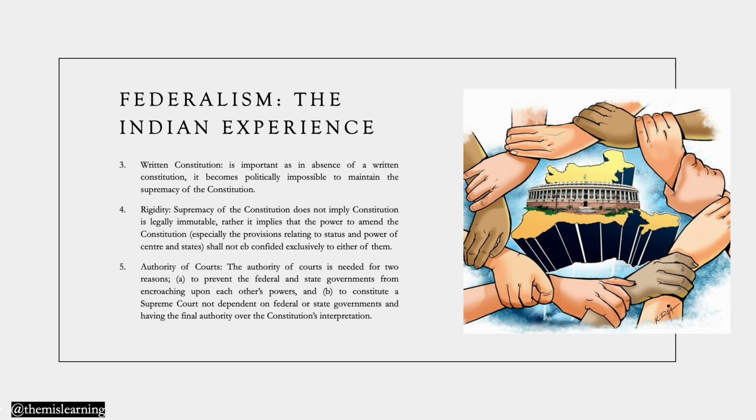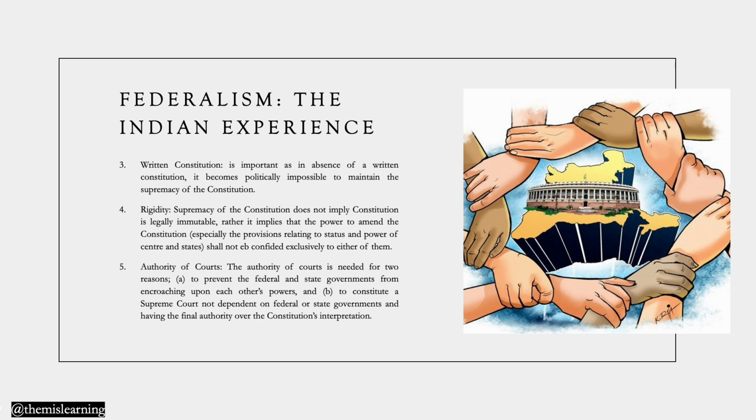Fourthly, we need to have a rigidity attached to the constitution. The supremacy of the constitution does not imply the constitution is legally immutable. Rather, it implies that the power to amend the constitution shall not be confined exclusively to either the states or the central government. Further, what is important for a federal system is to have authority of the courts.